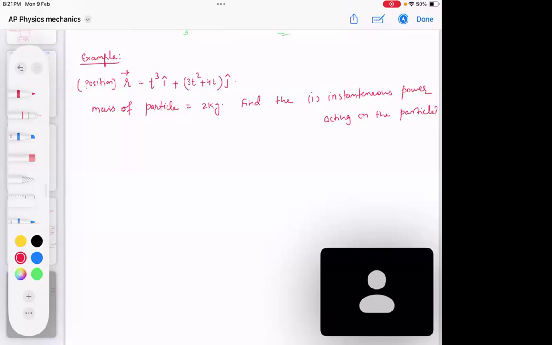The position of the particle is given. So first differentiation will give me the velocity. Second differentiation gives the acceleration, which we will multiply by the mass. That makes it force. Then we will take the dot product, F dot V. So please try it and tell me how much is coming.